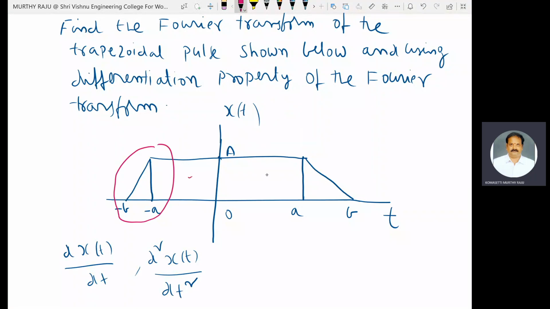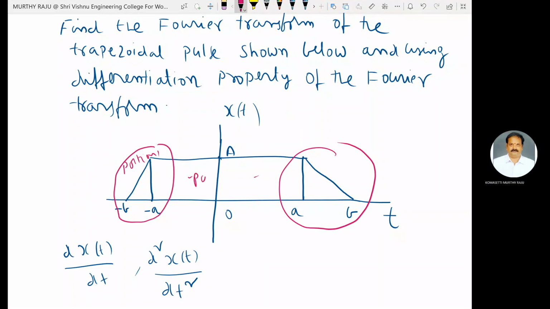This is region 3. These are portion 1, portion 2, and portion 3.